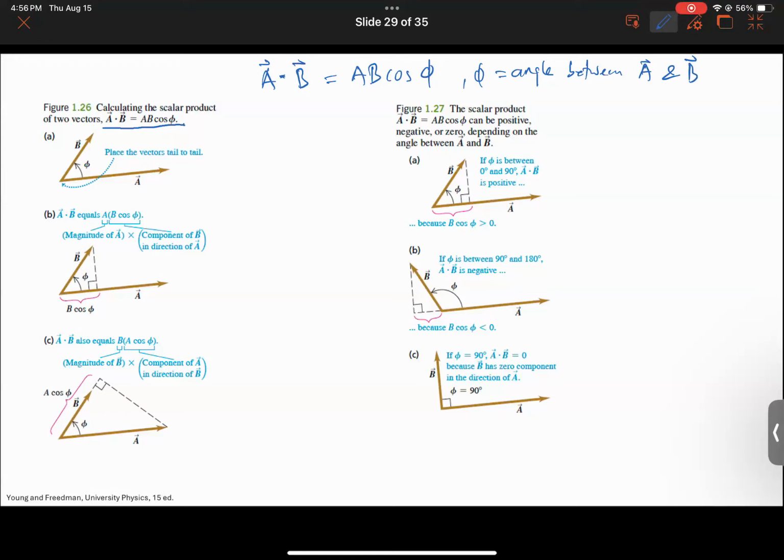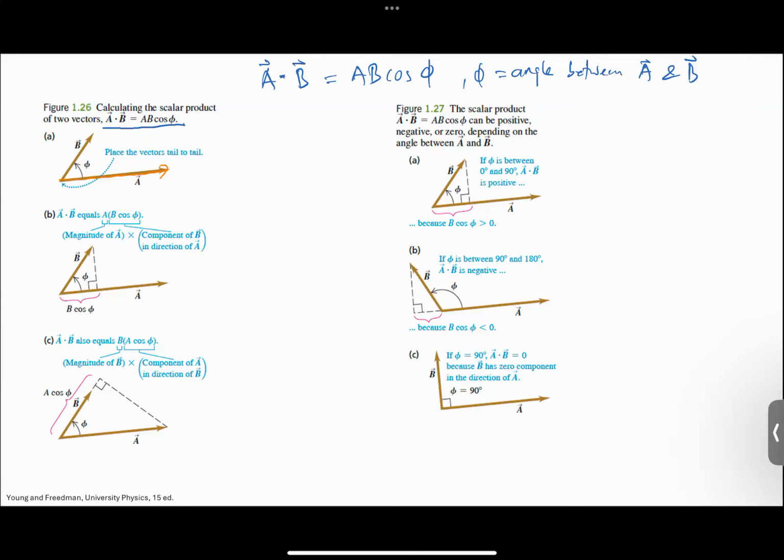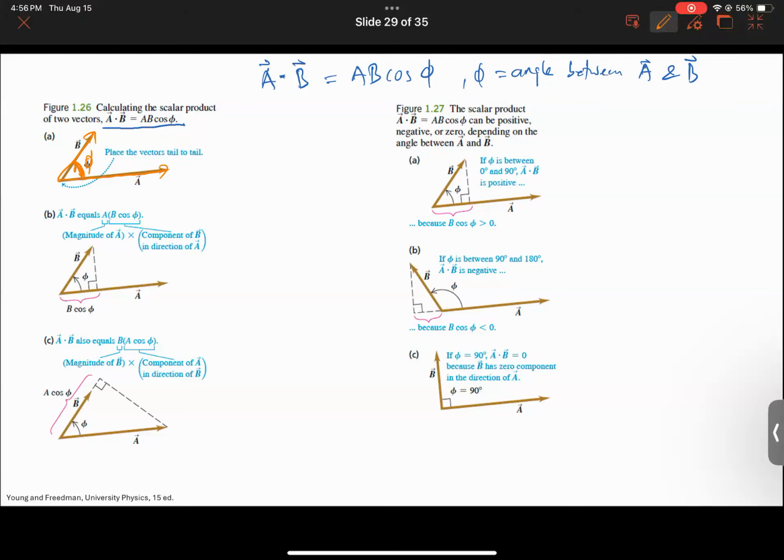So kung ito yung vector A, and ito yung vector B, ito yung angle na phi. Okay? So, ang in-expect natin na result dito is a scalar quantity. So wala tayong in-expect na kahit anong direction.